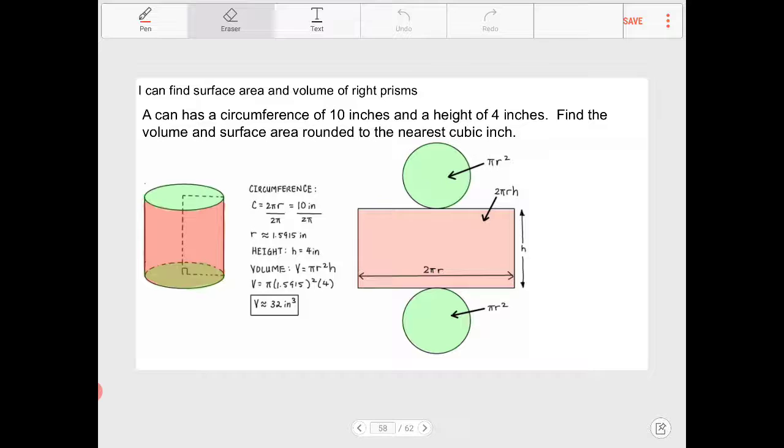The circumference is 2 pi r. Surface area is 2 pi r times h. So it's 2 pi times 1.5915 times the lateral height, which is 4, plus double pi r squared, pi times 1.5915 squared. So the surface area is approximately 56 inches squared. I should say squared, not cubed. And that's it.